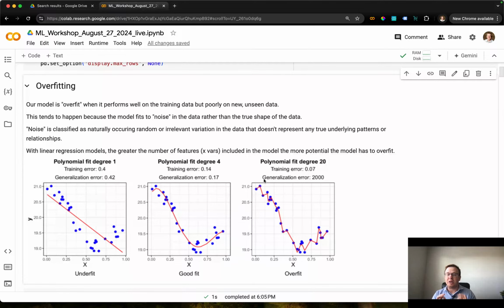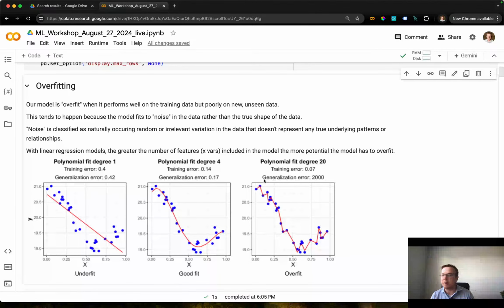That is always going to be true to some degree with really any good model. Any good model is going to do a little bit worse on the test data than on the training data. But the bigger that gap becomes, the bigger the difference in the model's ability to generalize, which remember is our ultimate goal. The bigger that difference gets, the more we say that our model is overfit.